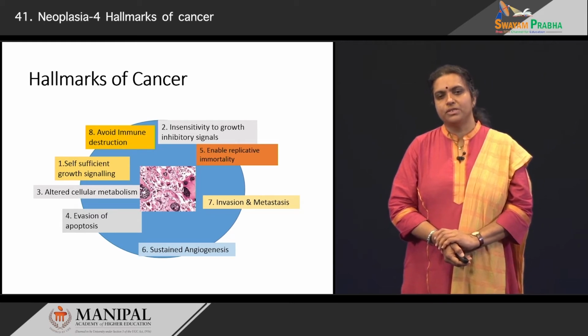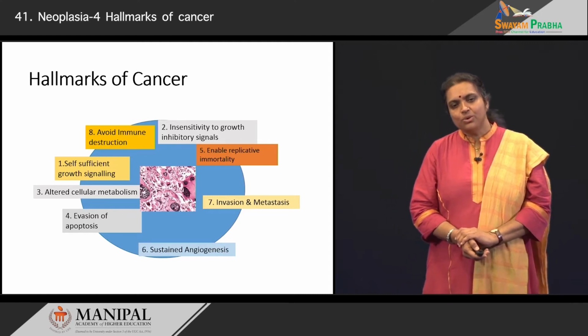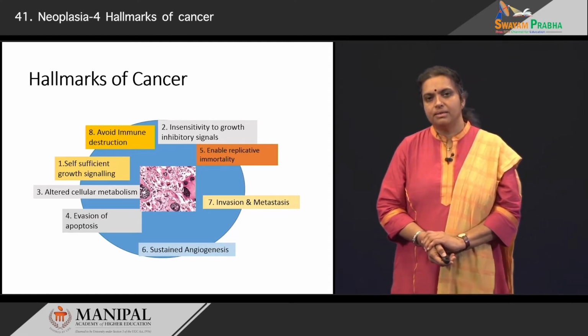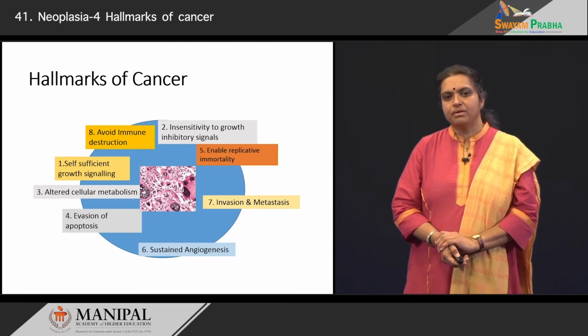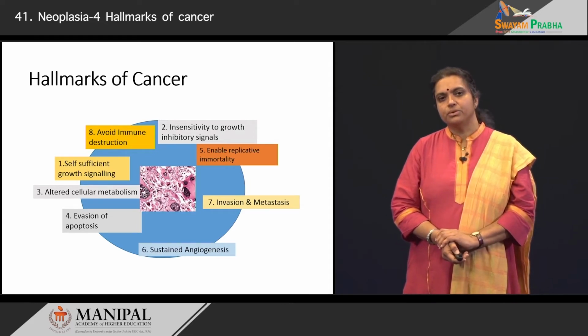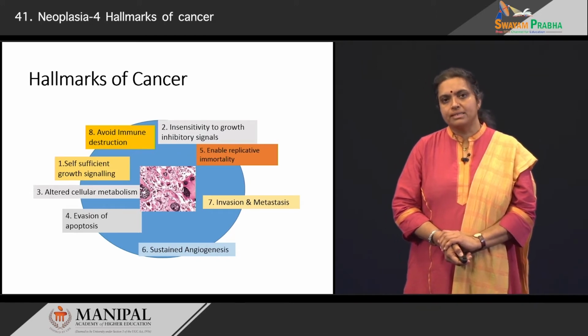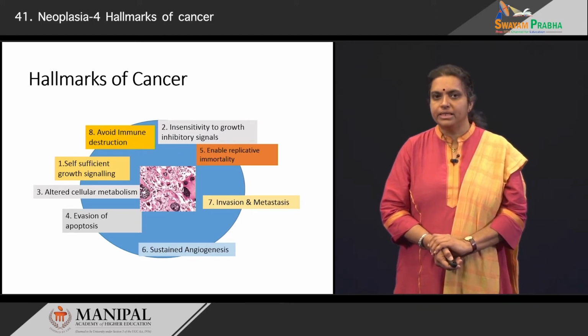So, it is almost a complete definition of a cancer cell. Let us go over each of these a little bit, and then we will go to the first one, the self-sufficient growth signaling, the most important aspect of a cancer cell, in more detail in the rest of the lecture.